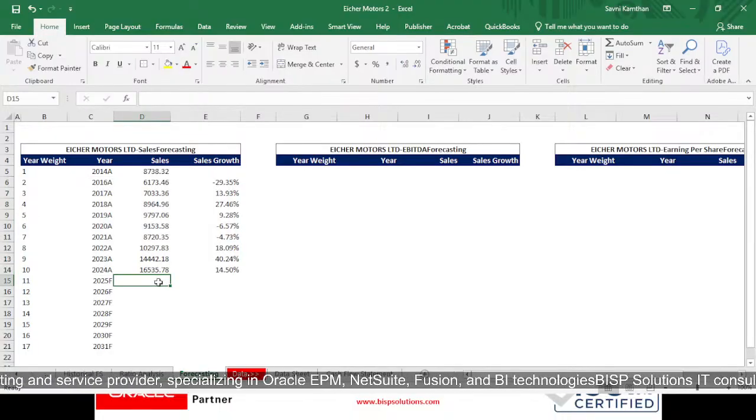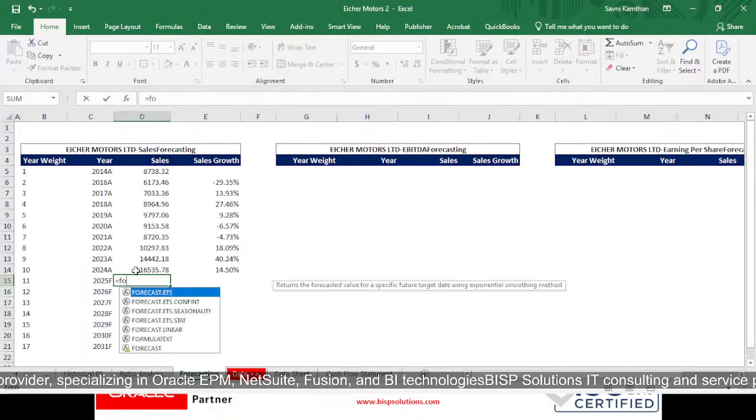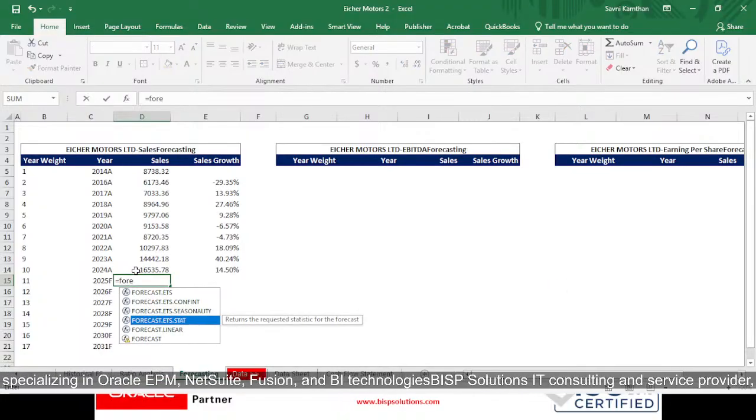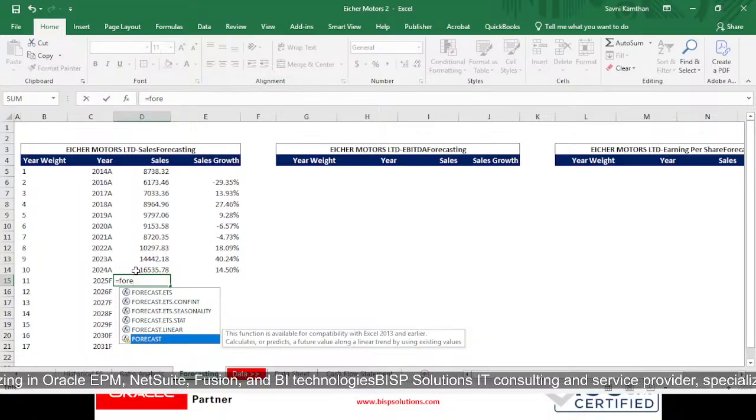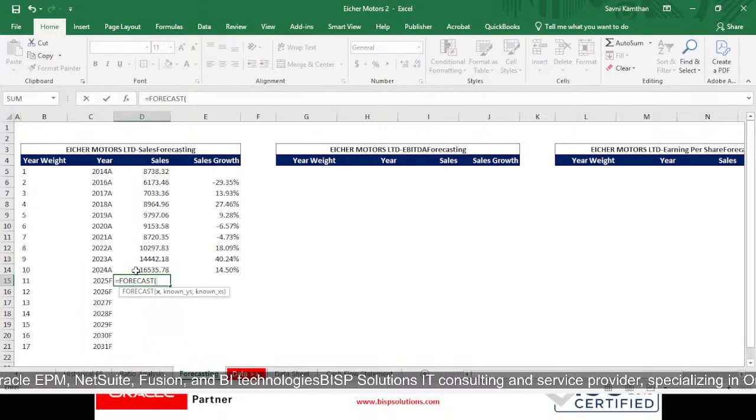Now if I want to forecast, what I will be doing, I will be selecting my data or formula as forecasting. Then I will be selecting my 14th, I will be selecting my 11th year's data, or we can say year weight.